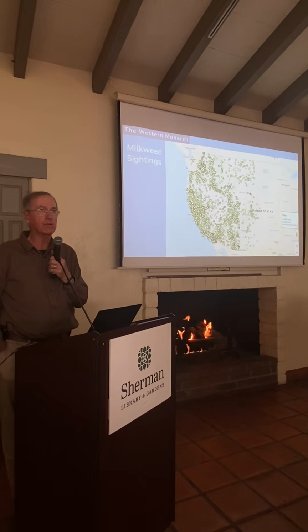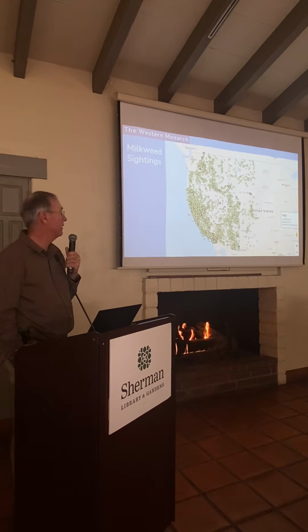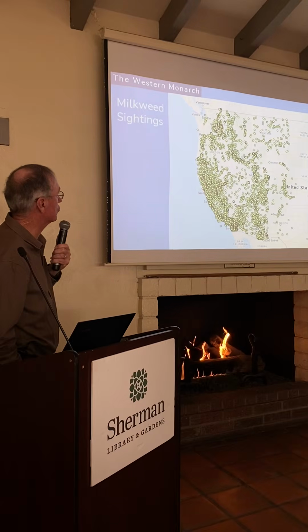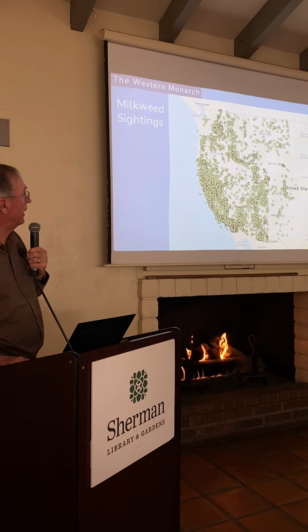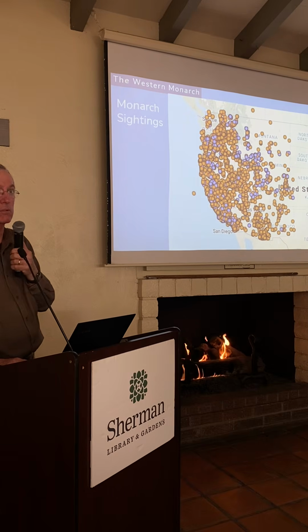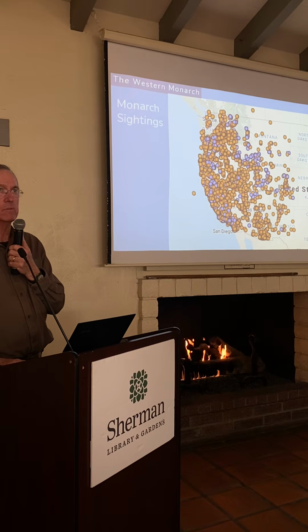This is where its food plant is distributed, which will be the next section. So monarchs and milkweeds are intertwined and forever will be. This is milkweed distribution in that same western area, and if you want to go back for a second, you see the overlap is pretty obvious. The monarch doesn't exist without milkweed.